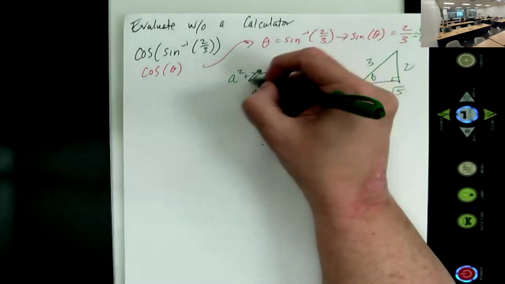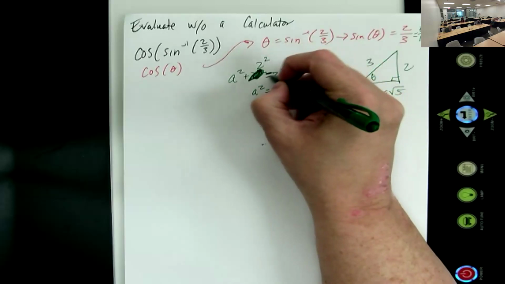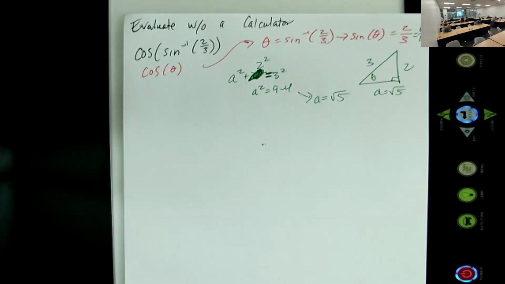That should say 2 squared right there, like I took the square root of both sides.